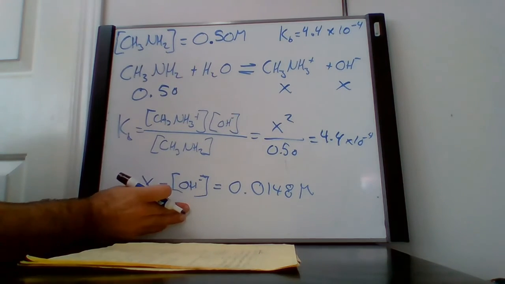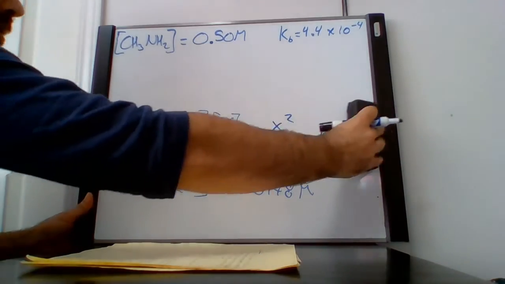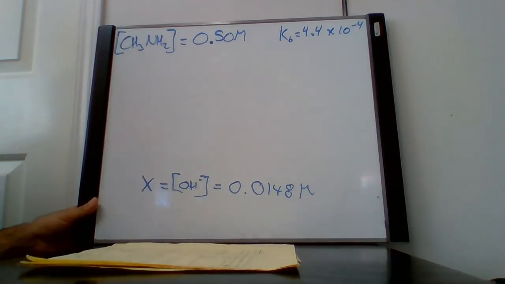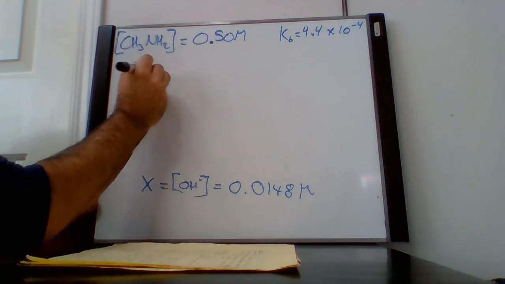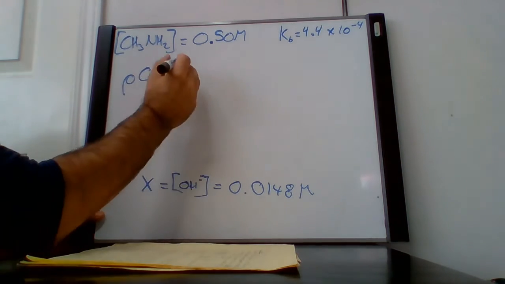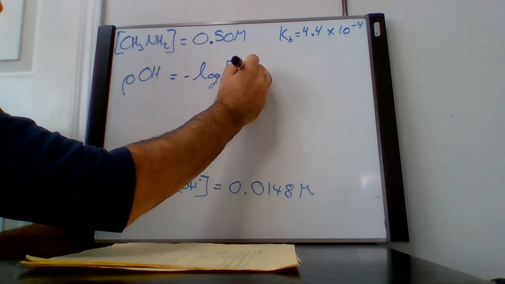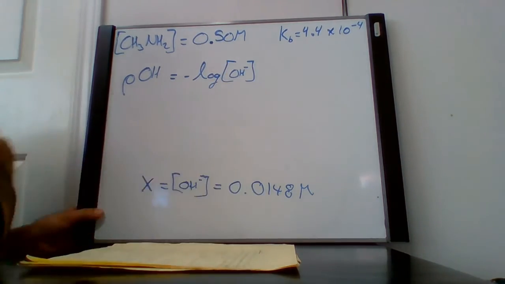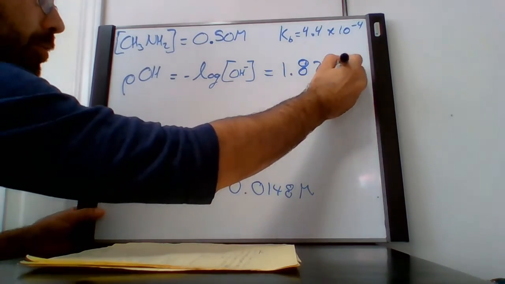Okay, so that is our OH minus concentration. And our question here was to find the pH. Well, we're going to have to first find our pOH, which is equal to the negative log of our OH minus concentration, which we have down here. This gives me a value of 1.829.